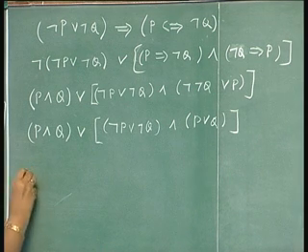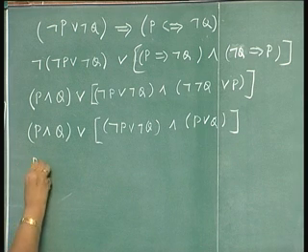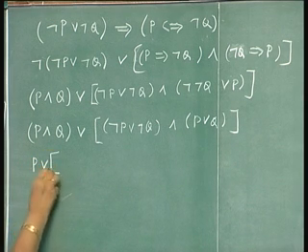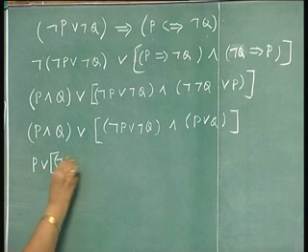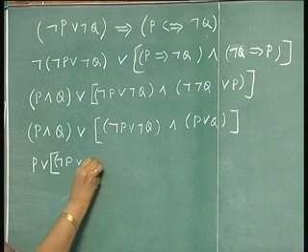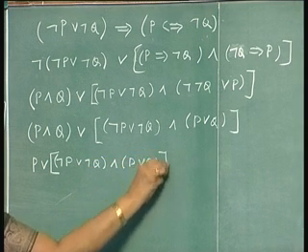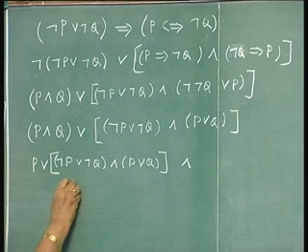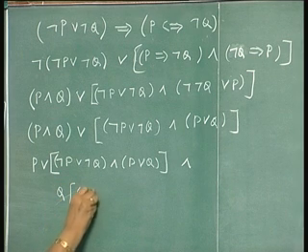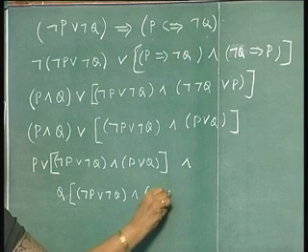So, this will become P or not P or not Q and P or Q, and Q or not P or not Q and P or Q.